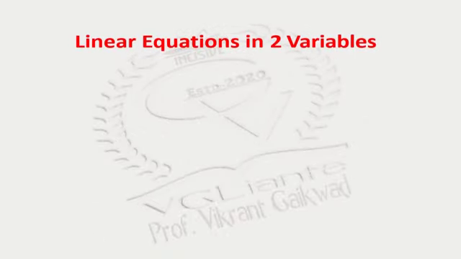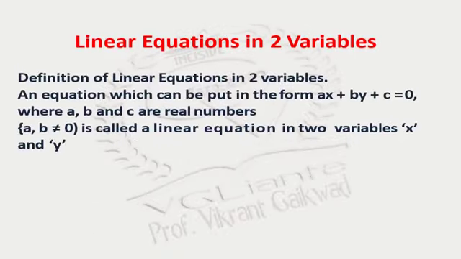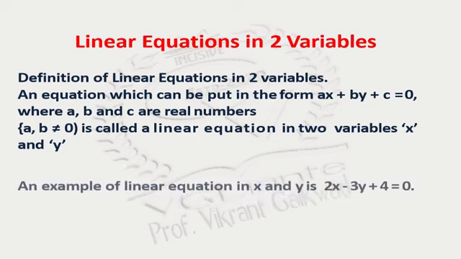Linear equation in two variables. Definition: an equation which can be put in the form ax plus by plus c equals 0, where a, b and c are real numbers and a and b are not equal to 0, is a linear equation in two variables x and y.